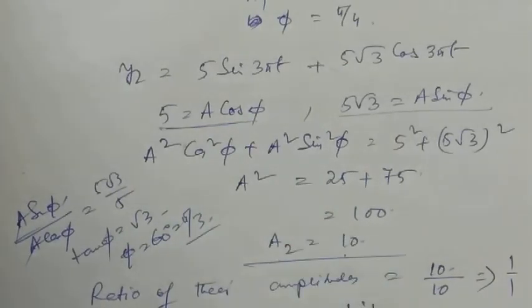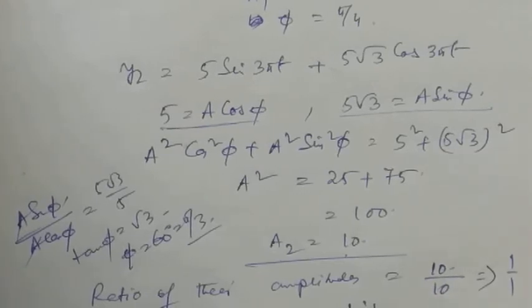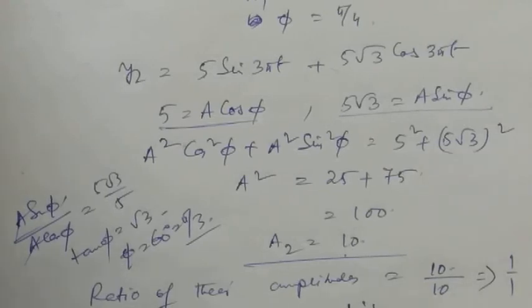So the phase difference is pi by 3 minus pi by 4, equal to 12, 4 pi minus 3 pi is equal to pi by 12. So pi by 12 is the phase difference.